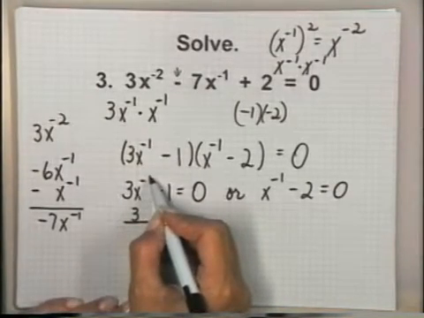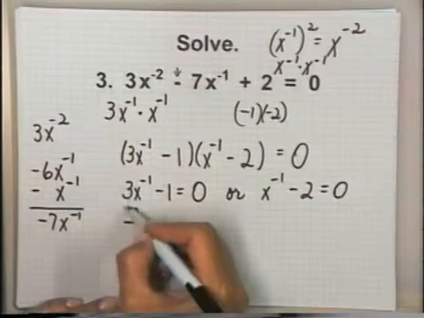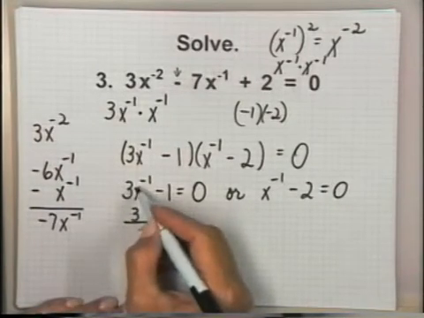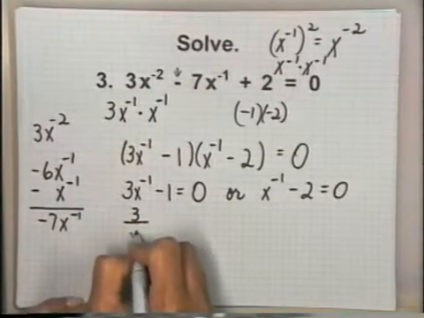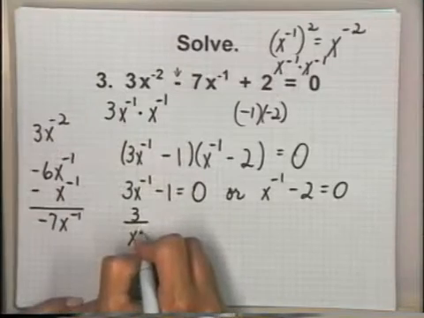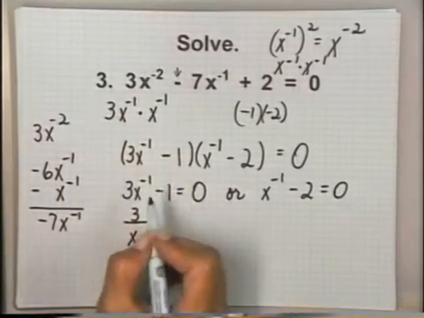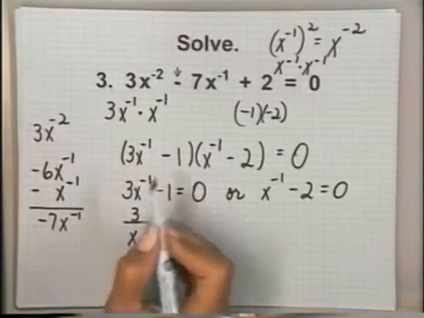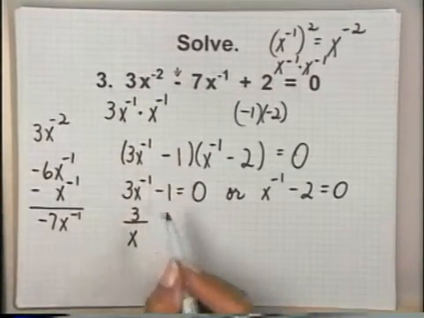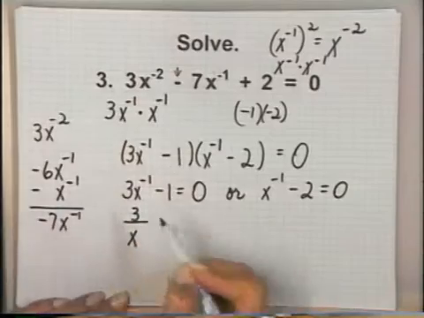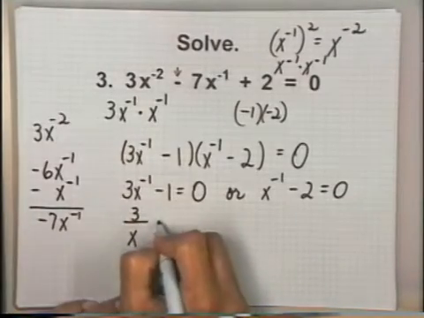Since x to the negative 1 is a factor of this first term, I may write the x in the denominator to the positive 1 power by definition. Remember that the negative 1 does not apply to the 3. If it applied to the 3, then that 3x would have to be in parentheses.